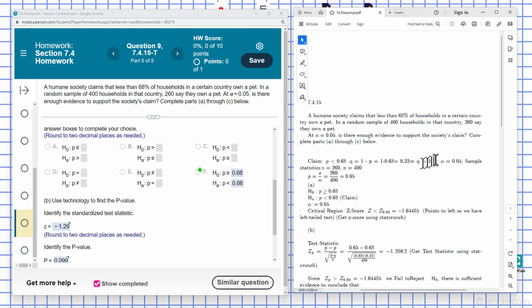And I have my level of significance, 0.05. My x is 260 and n is 400. So I can put it into the formula and find it, or I can use StatCrunch and find it.